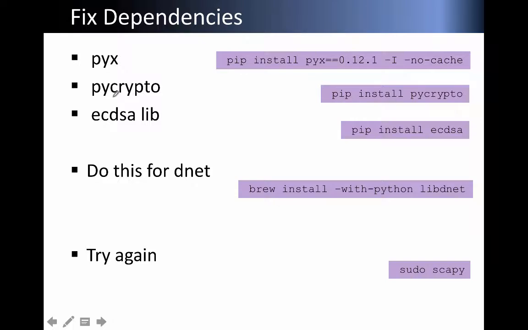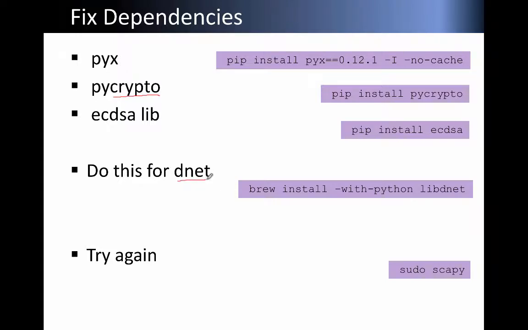Another thing that you need to install is pycrypto, so pip install pycrypto, and the ecdsa library. You have to install this: pip install ecdsa.